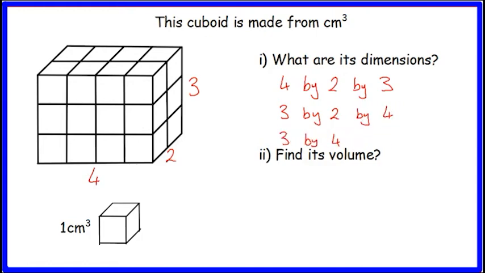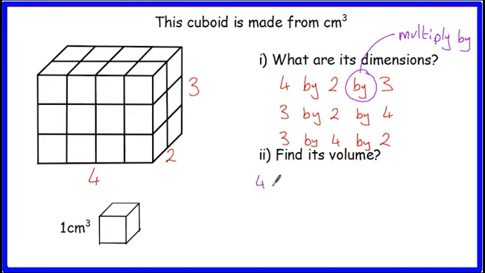They're all the same thing. Now, by, I suppose you could look at that as being multiply by. So when I want to find its volume, I can multiply any of its 3 dimensions together.